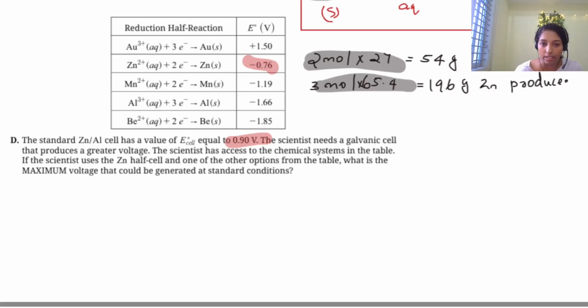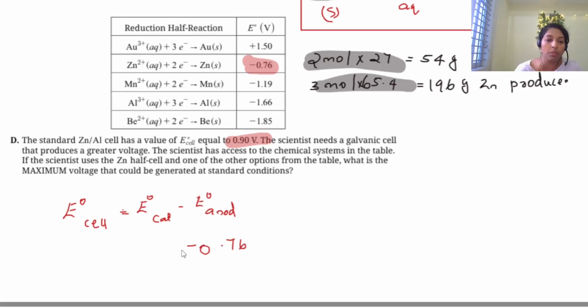One is zinc. If you want the maximum voltage, what is E cell? E0 cell is always E0 cathode minus E0 anode. So we need a very high value for the cathode and a very low value for the anode. One value is fixed at minus 0.76.